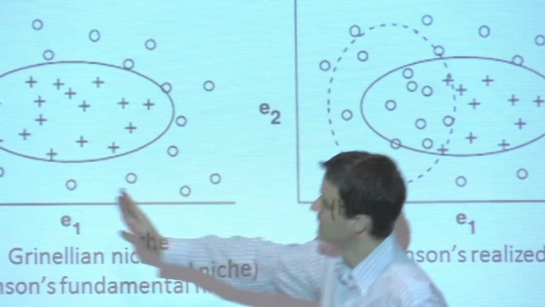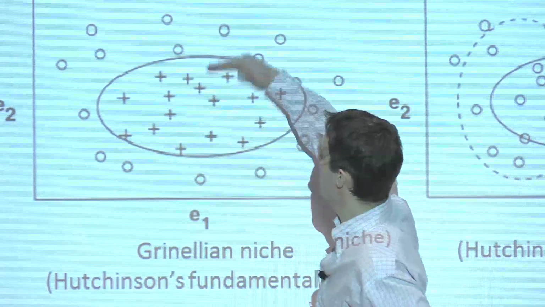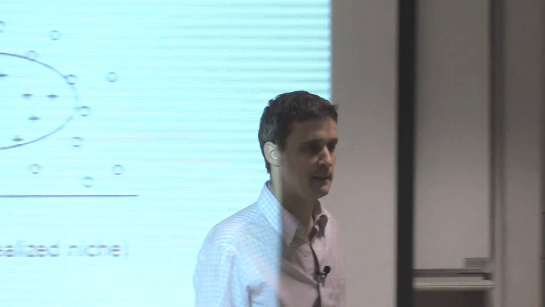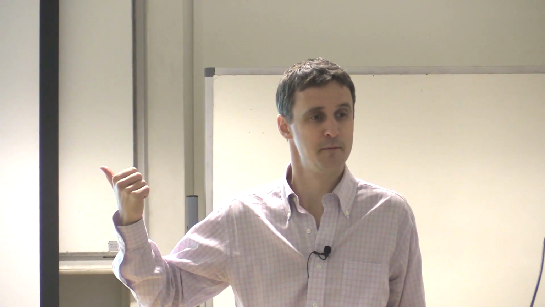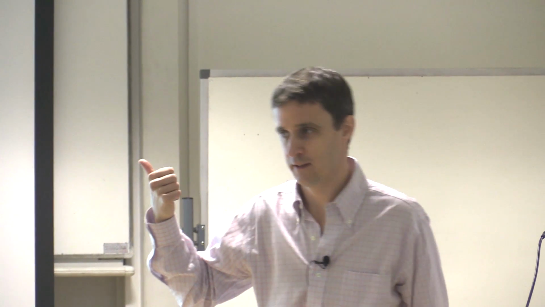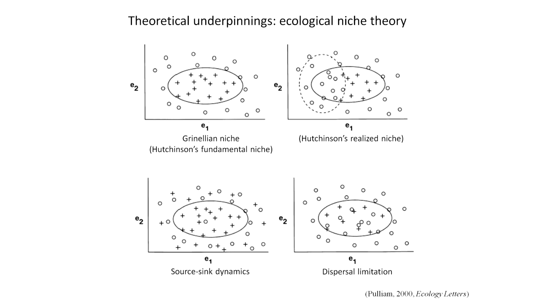So where it's not too hot, and it's not too cold, and it's not too dry, and it's not too wet, for example. So that's the fundamental niche of the species. When we were thinking about mechanistic approaches a few minutes ago, that's what you're going to get from a mechanistic approach, right? You're going to have a good effort at estimating the fundamental niche.